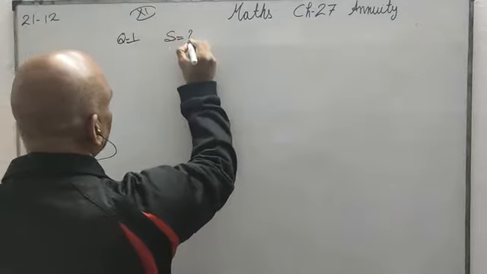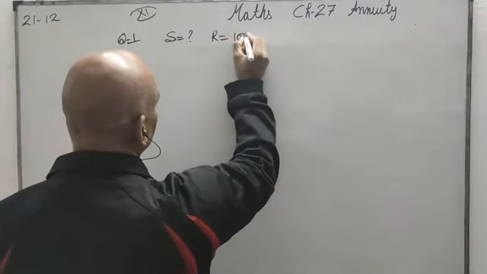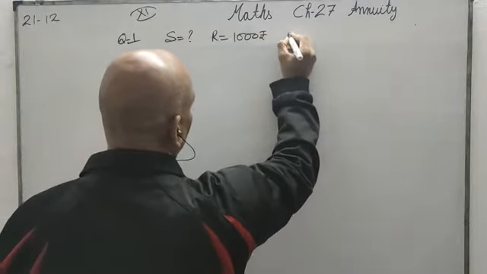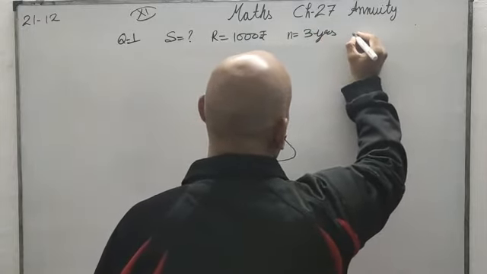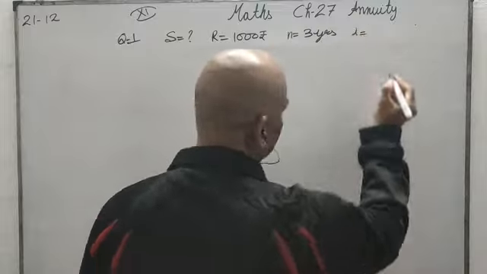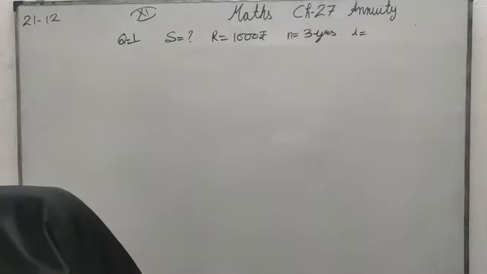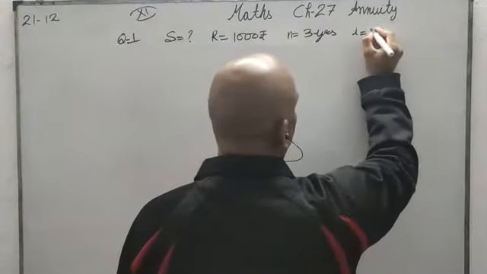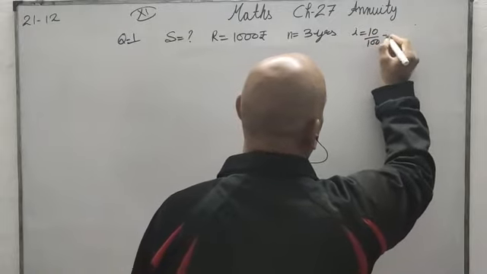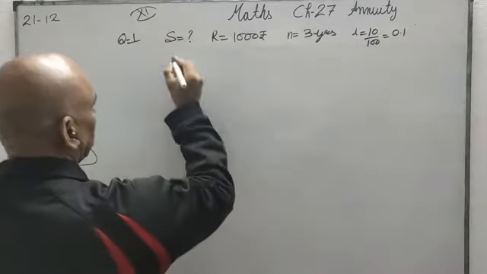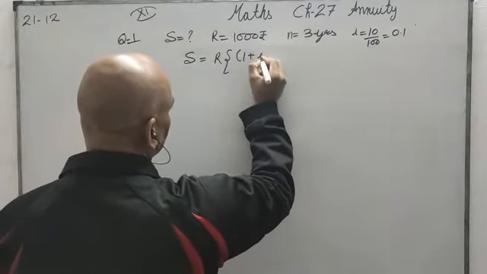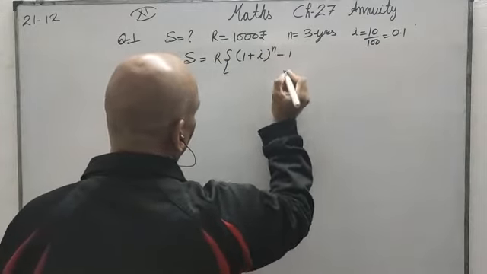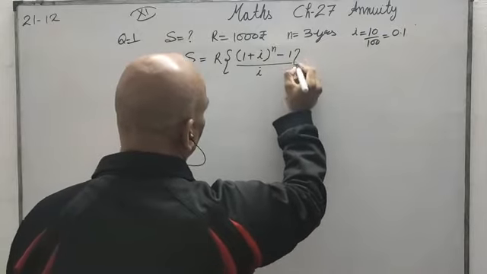S he is asking, while R given to us is rupees 1000, n is 3 years, and i you can say is 10%. So 10% means 10 upon 100, that is 0.1. Okay, then S equals R times (1 plus i) to the power n minus 1, upon i.